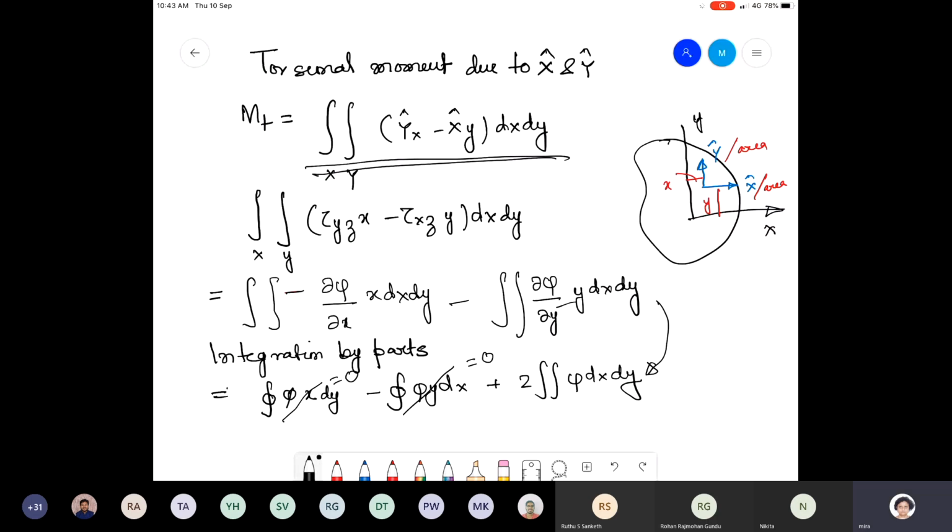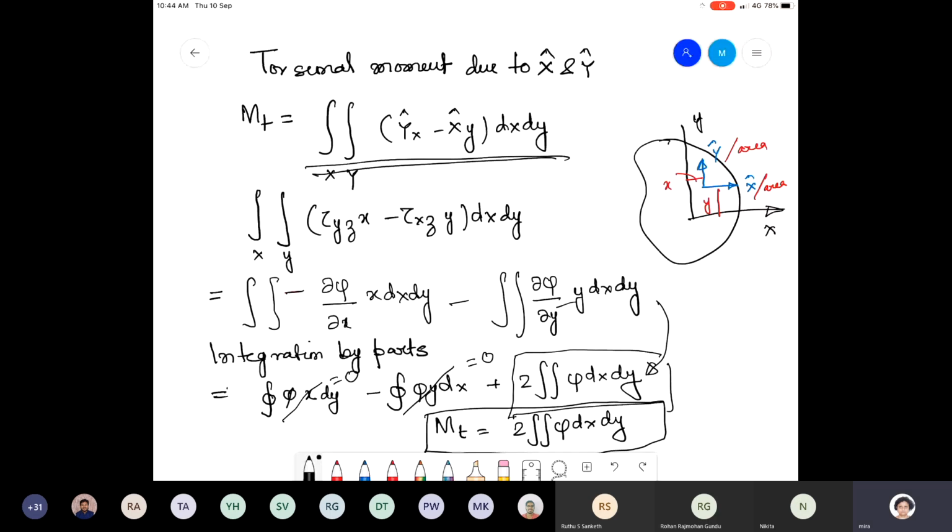Therefore MT, so what does this expression give me?